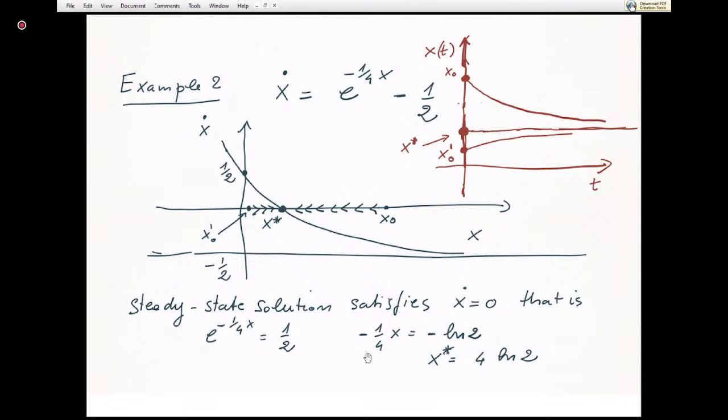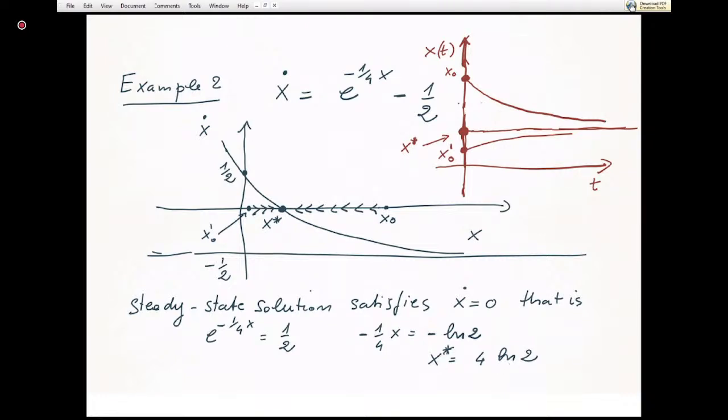And this means minus 1/4 x is equal to minus the log of 2. Take logs on both sides. Which means x, change the sign, x is equal to 4 log of 2. That is the log of 16. So x star is equal to 4 log of 2. This is the steady state.